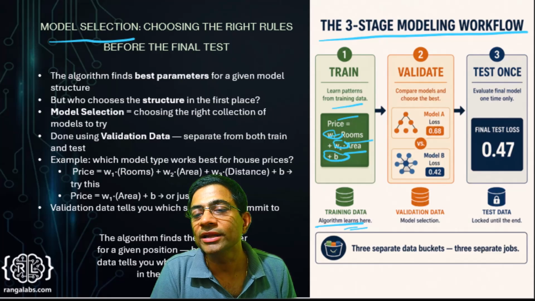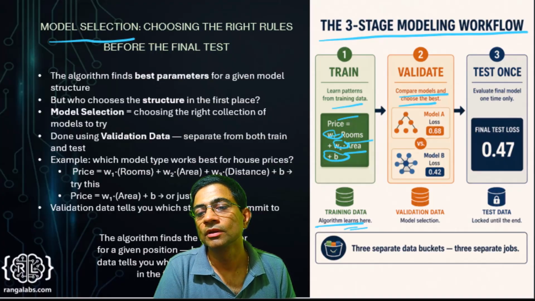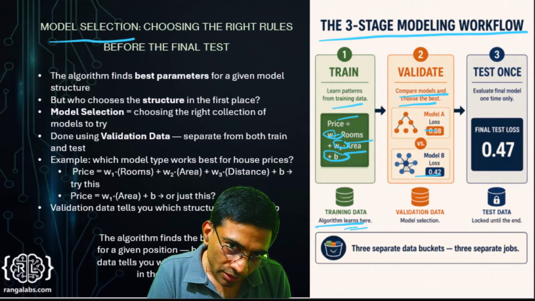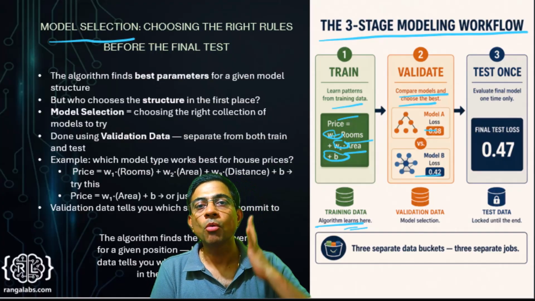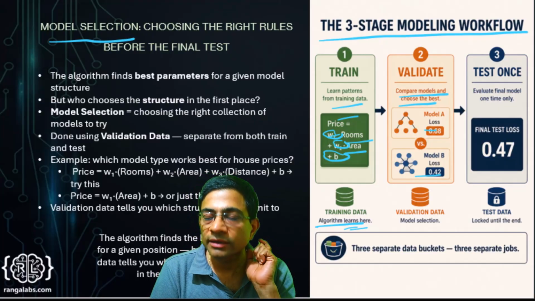Okay, validation data, listen carefully: compare models and choose the best. Model A, loss is 0.68, model B is 0.42. Rather than calling it a model, we usually call it a model type. What we are comparing is the type of model.